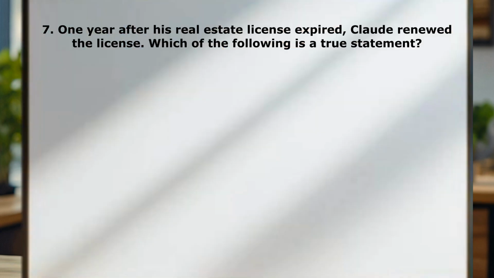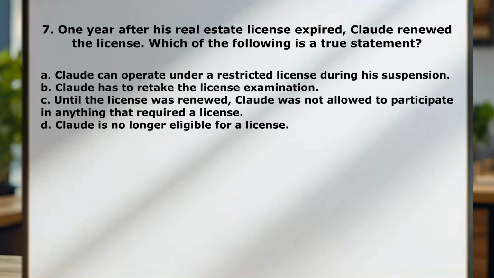1 year after his real estate license expired, Claude renewed the license. Which of the following is a true statement? A. Claude can operate under a restricted license during his suspension. B. Claude has to retake the license examination. C. Until the license was renewed, Claude was not allowed to participate in anything that required a license.